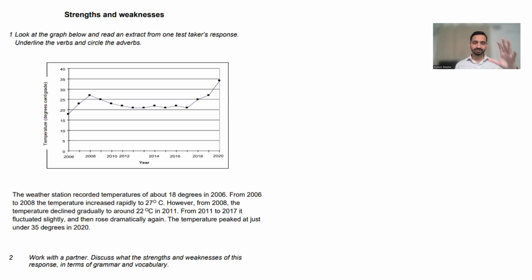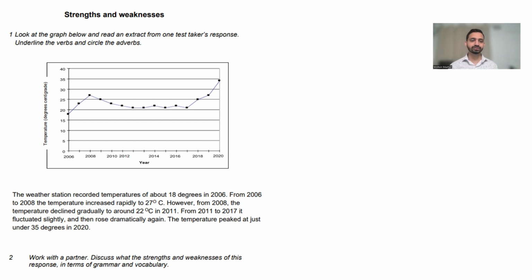So let's look at the strengths and weaknesses of this response. All right, so look at the graph. First of all, analyze the graph and read an extract from one of the test takers' response, underline the verbs and circle the adverbs, right? So let's look at the graph here. The graph on the vertical axis shows the temperature in degrees centigrade from 0 to 40 degrees.